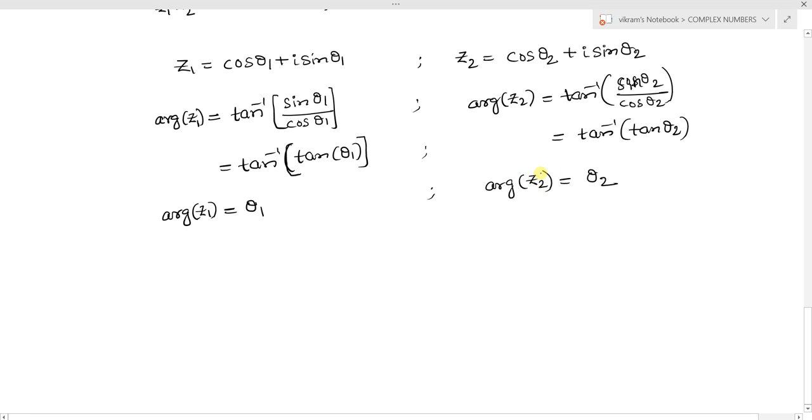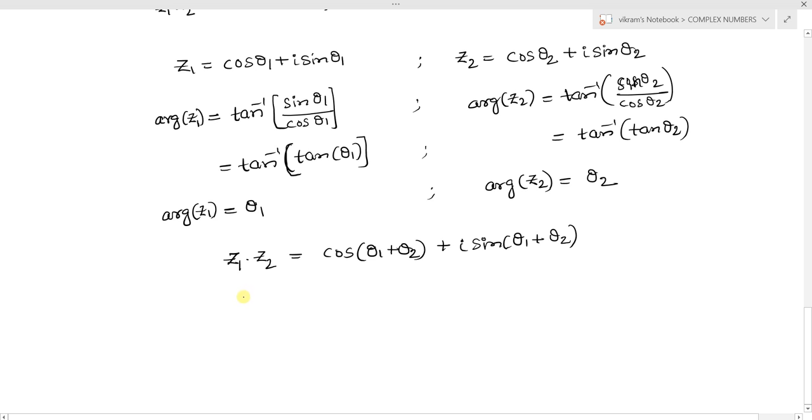When we take the product z1 into z2, we get cos of theta 1 plus theta 2 plus i times sine of theta 1 plus theta 2.